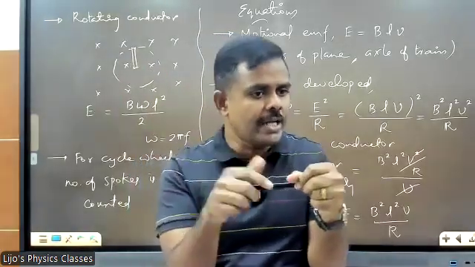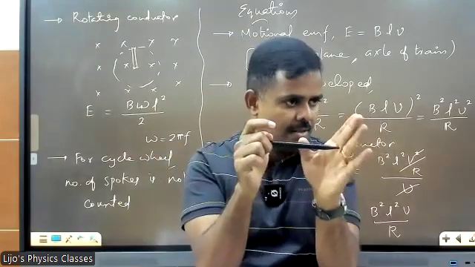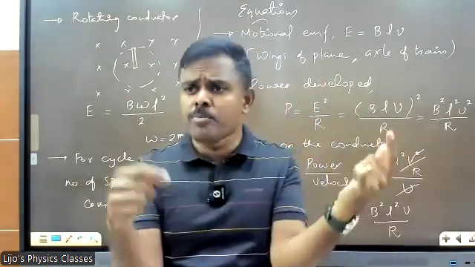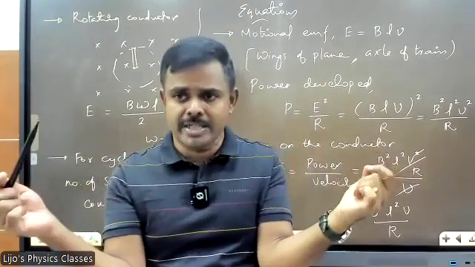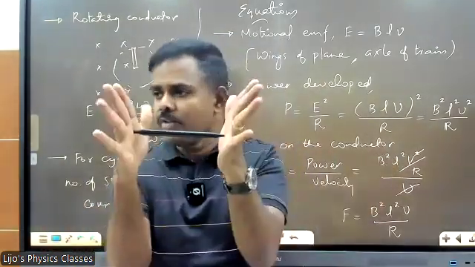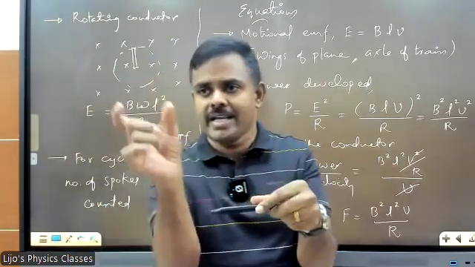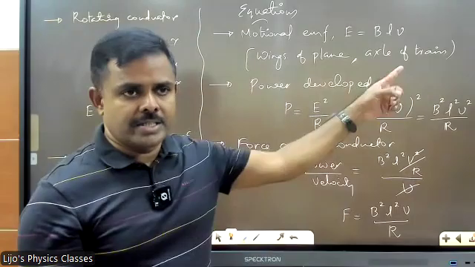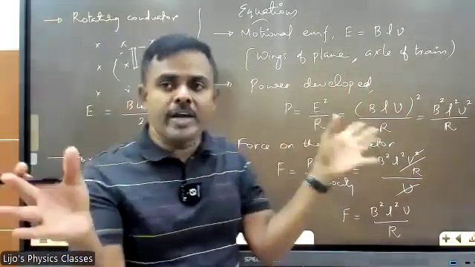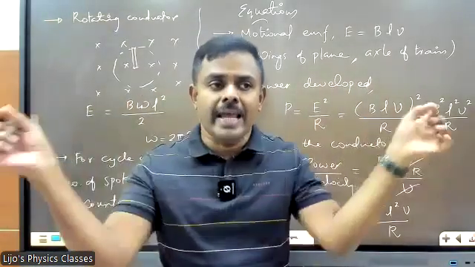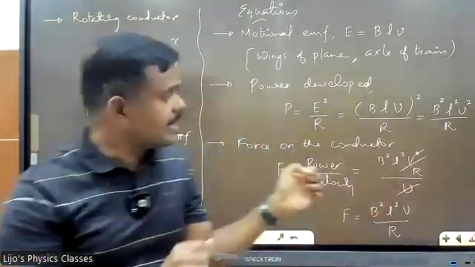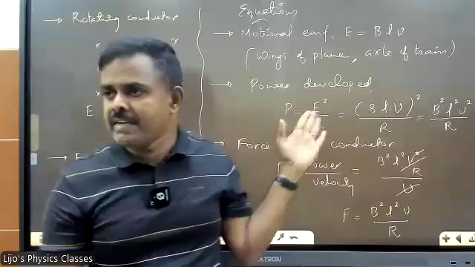For a meter gauge train, take the length as 1 meter. Usually in India we have broad gauge, 1.76 meters. Meter gauge has only 1 meter, that is why it is called meter gauge. In the case of an aeroplane, the wingspan is the total end-to-end length of the wings. That is the length of the conductor. Then we learned power developed on a conductor.